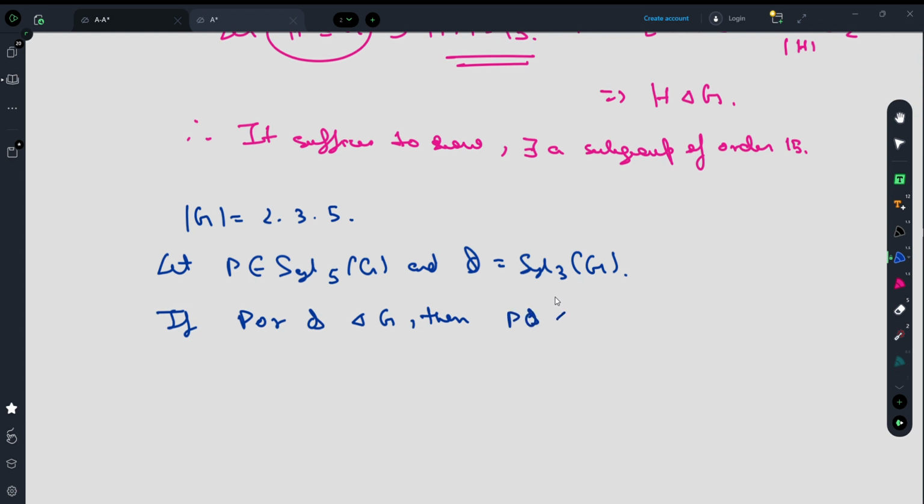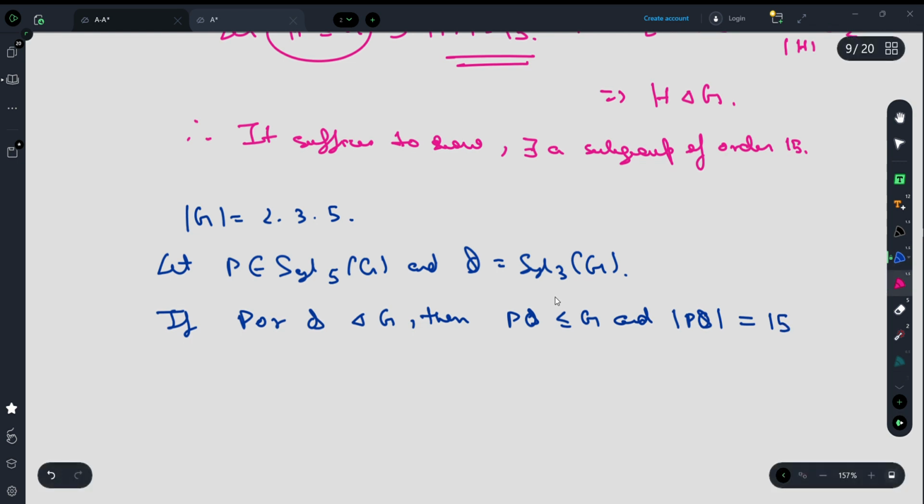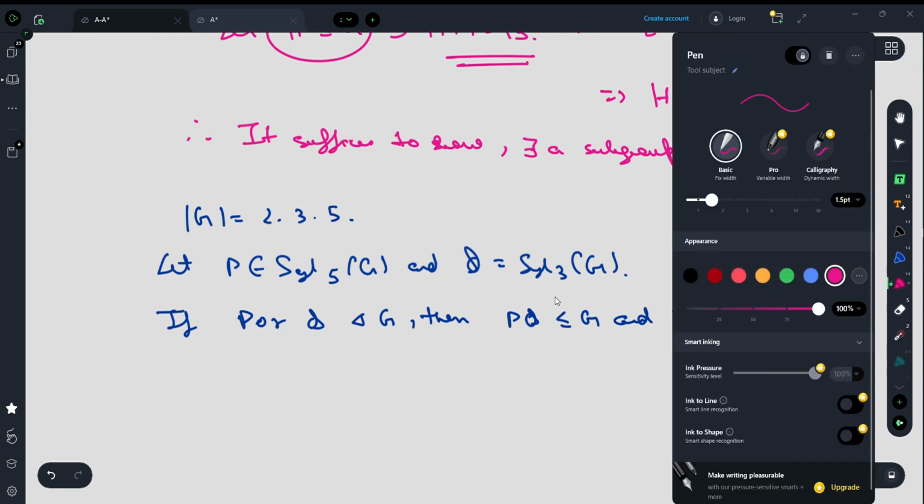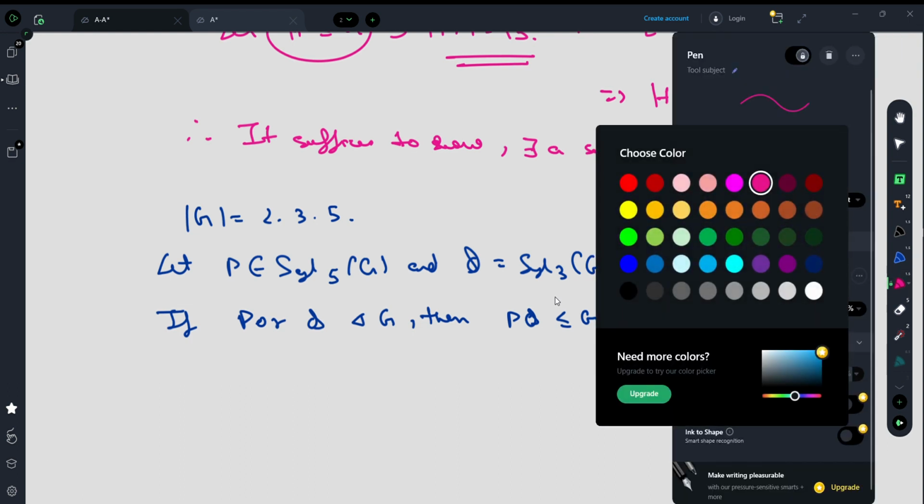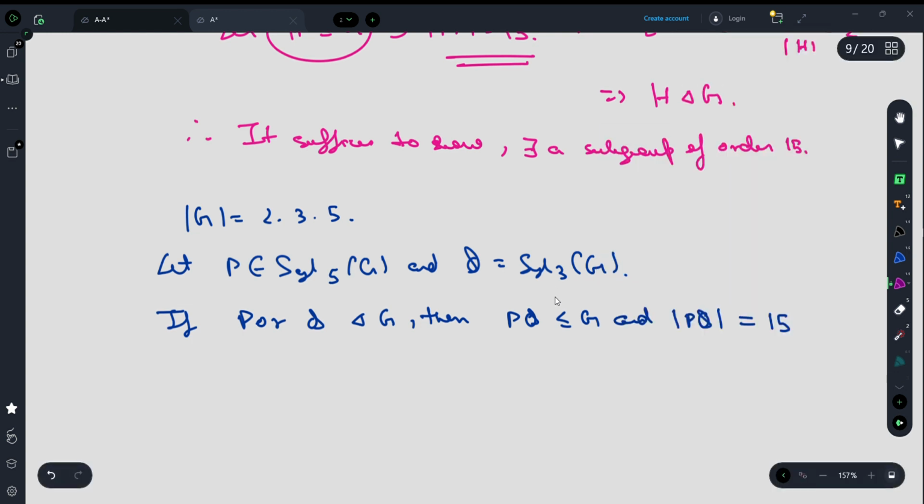Now observe that if P or Q, one of them, is normal in G, then PQ is a subgroup of G, and what should be the order of PQ then? It should be 15. Why is it so?